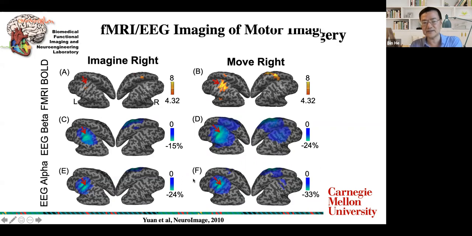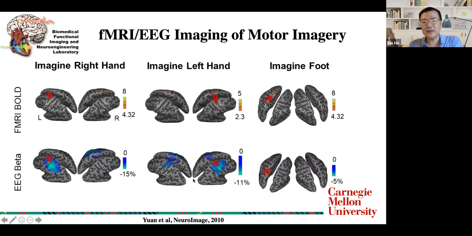Now we are not only looking at imagined right hand movement, we're also looking at imagined left hand movement and imagined foot movement. This slide shows the comparison between the fMRI signal, shown on the top row, and the EEG beta source imaging, shown on the bottom row.